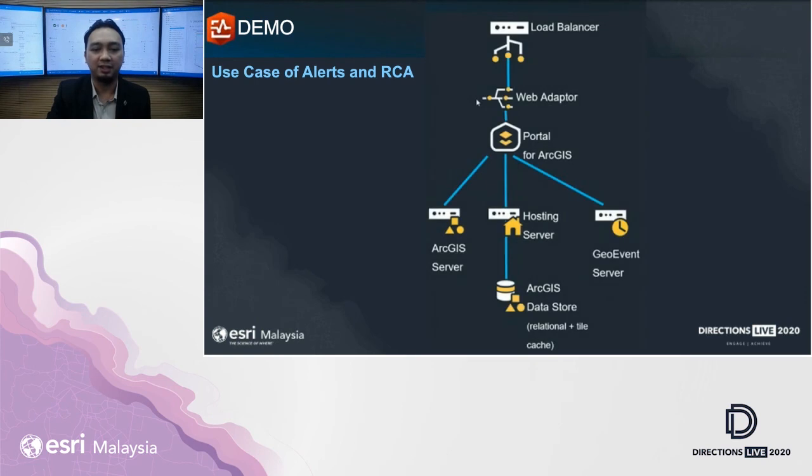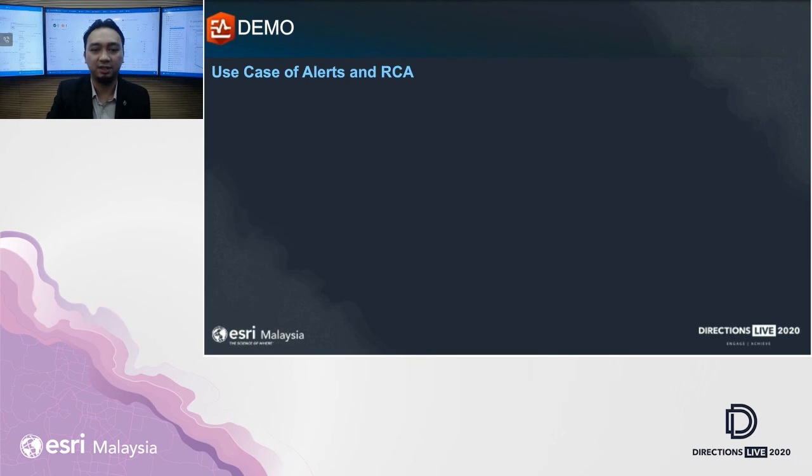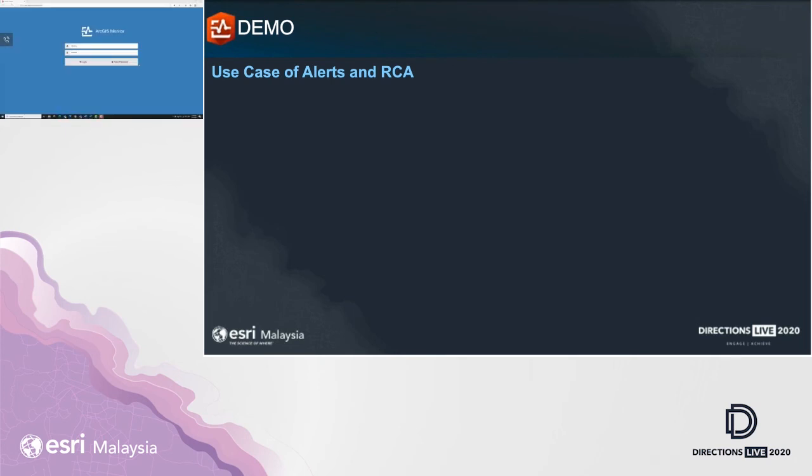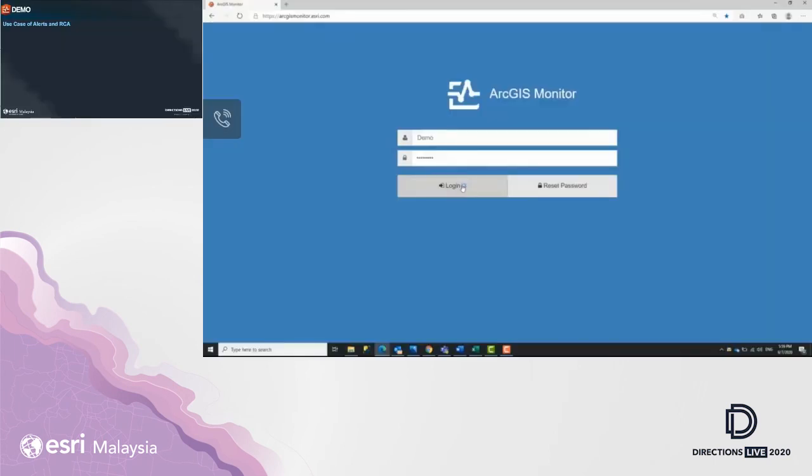From there, I could see that there were two alerts showing I have a problem with my ArcGIS Web Adapter and my ArcGIS Data Store. So by using ArcGIS Monitor, I managed to close the alerts, successfully find the root cause of the problem and solve it within 15 minutes. So let me bring you through how I solved the problem.